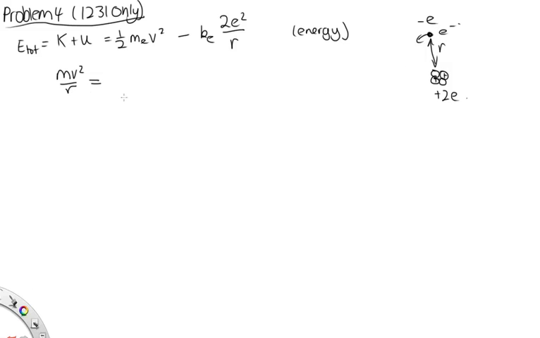So this resultant force needs to be equal to the electrostatic force, which is Ke times the two charges multiplied together, so e times 2e, so 2e squared over r squared. And this is the mass of the electron here because it's the electron which is undergoing the circular motion. So let's substitute m_e v squared into the energy equation up here.